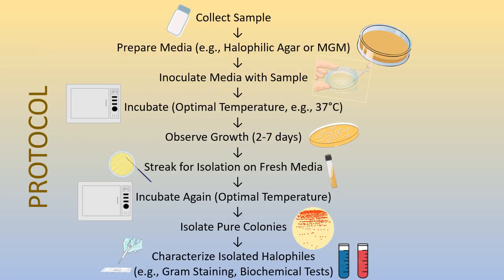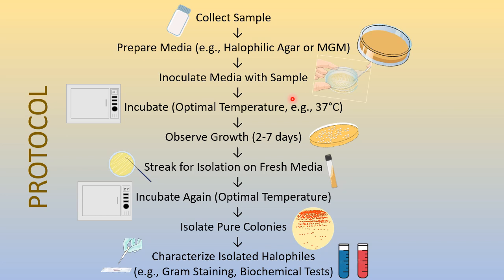Then next is about the protocol. So now we have collected our sample, right? We have our sample, we prepare our media, use halophilic agar or MGM, then you inoculate your media with the sample. Now here, if it is water, you do serial dilution, or you can also directly take an aliquot of 10 microliters and check what amount of microbes are present.